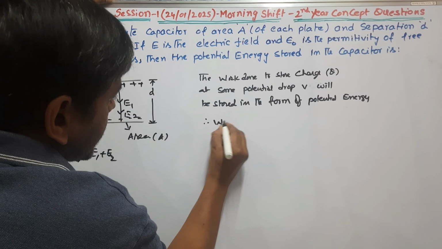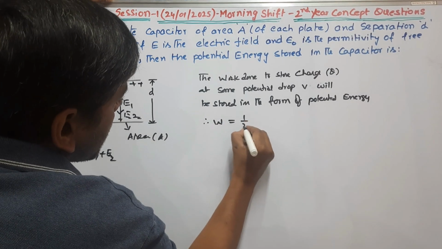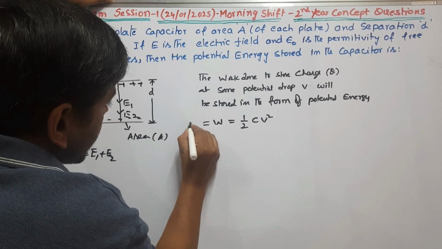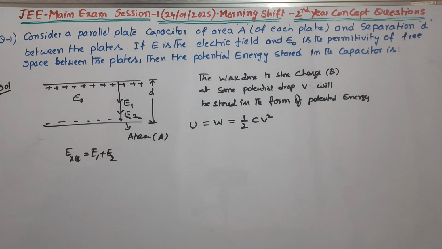Therefore work done is equal to half C V square, which is the energy stored in the capacitor plates.